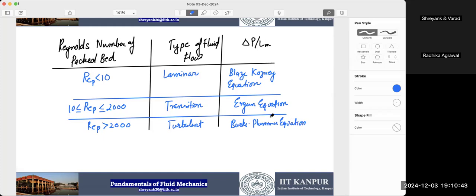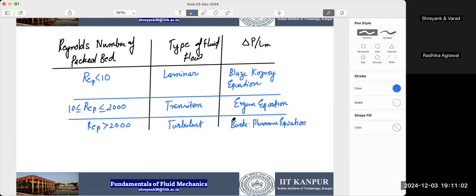Usually you get a numerical where you need to calculate the fluid Reynolds number, and you have to choose the appropriate form of the equation to get the minimum fluidization velocity.